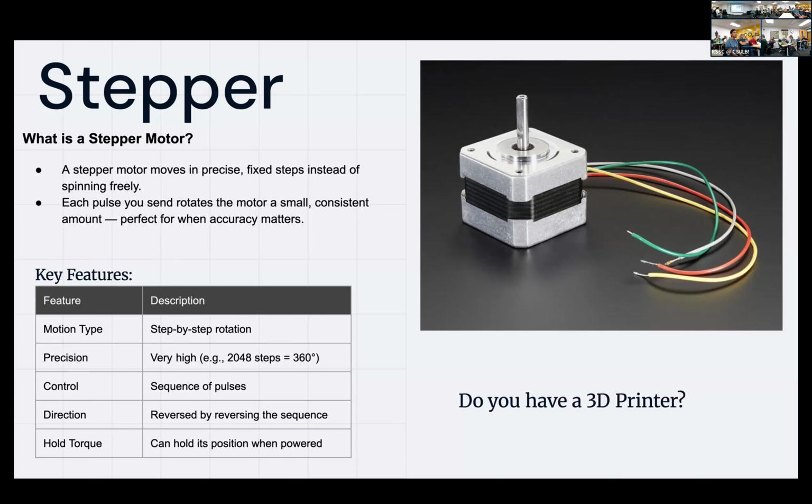3D printers and other CNC style machines use stepper motors to do their movement, and that's how they become very accurate in reproducing what you've told them to reproduce. They're very high precision in that they'll have a certain amount of steps per rotation.